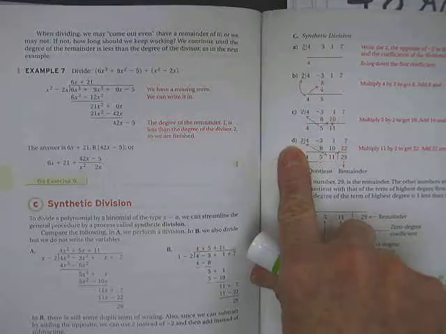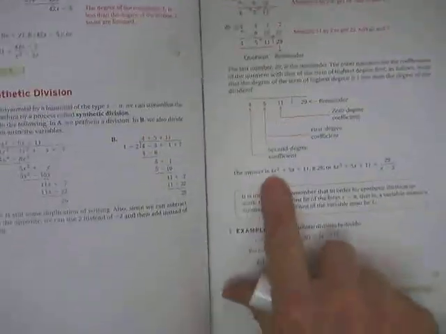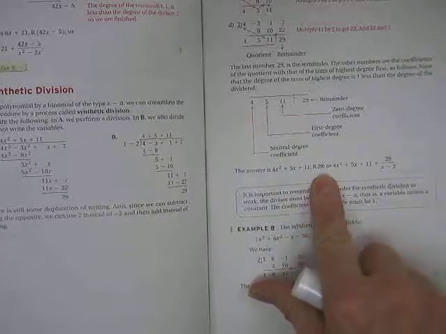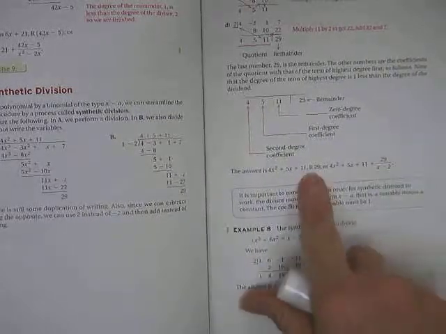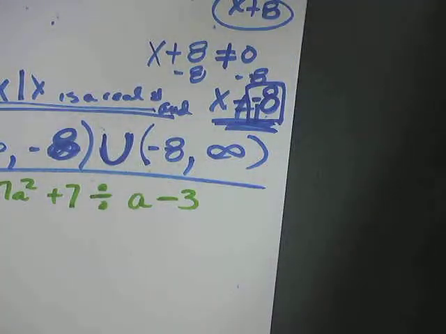Then you bring down your first number. Okay, you bring the 4 down. And then you multiply it times that and bring it up here. Then you add these. Bring that number down. Okay? Then multiply it times 2. Put it over here. Add those numbers.